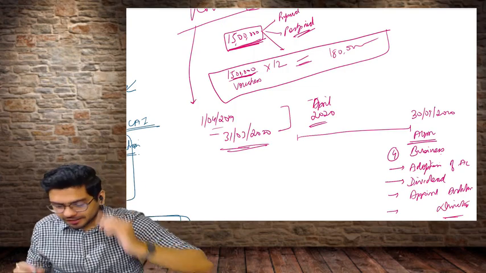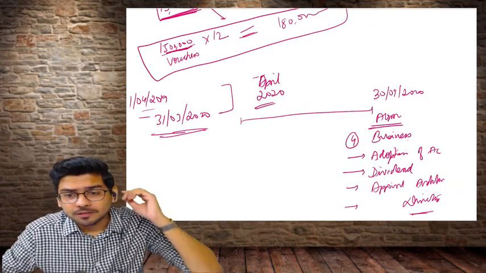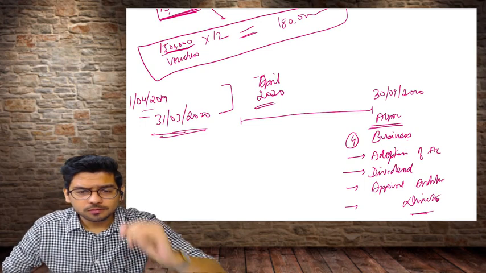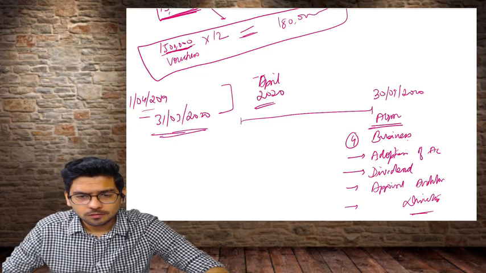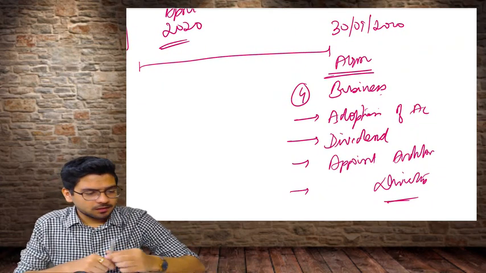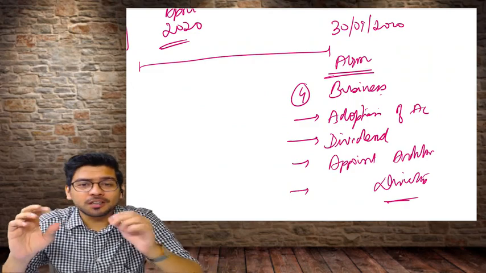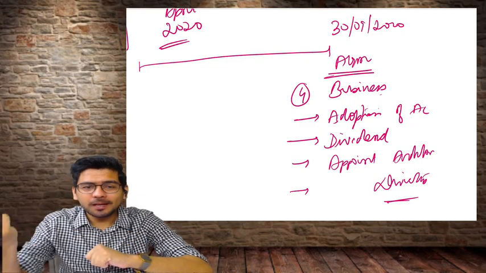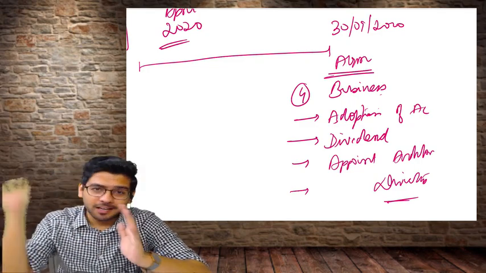Okay, so please understand this. See, if there is any problem in the app, if you are not able to see, just quickly come out of the class and rejoin the class.